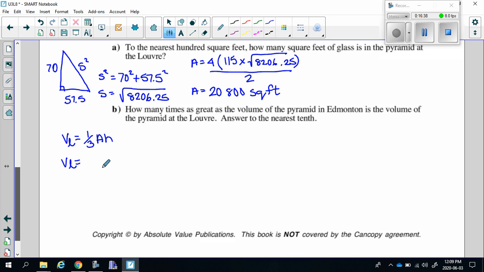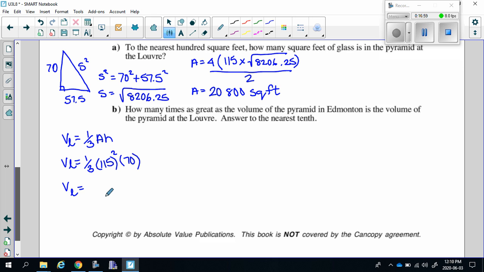So 1/3 times 115 times the height, which was 70. Oh, wait, 115 squared because it's the area of the base. So squared.